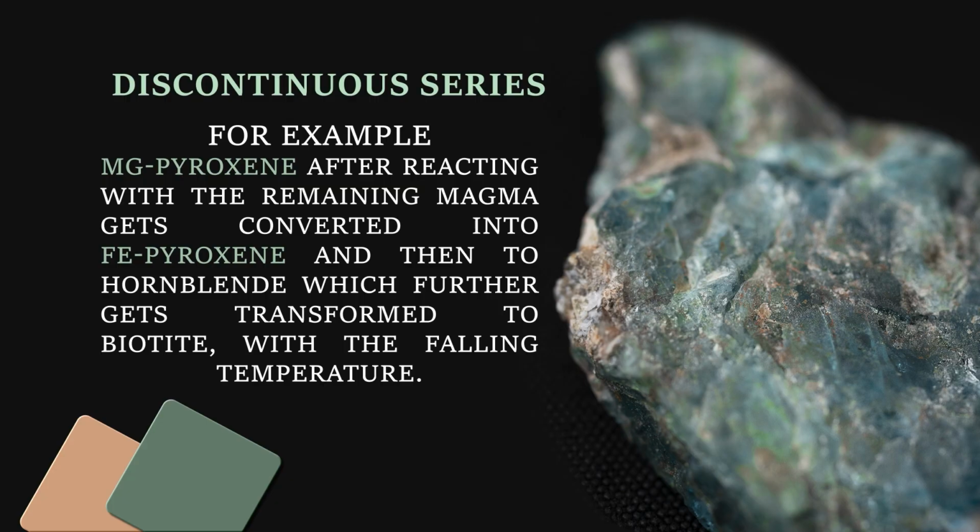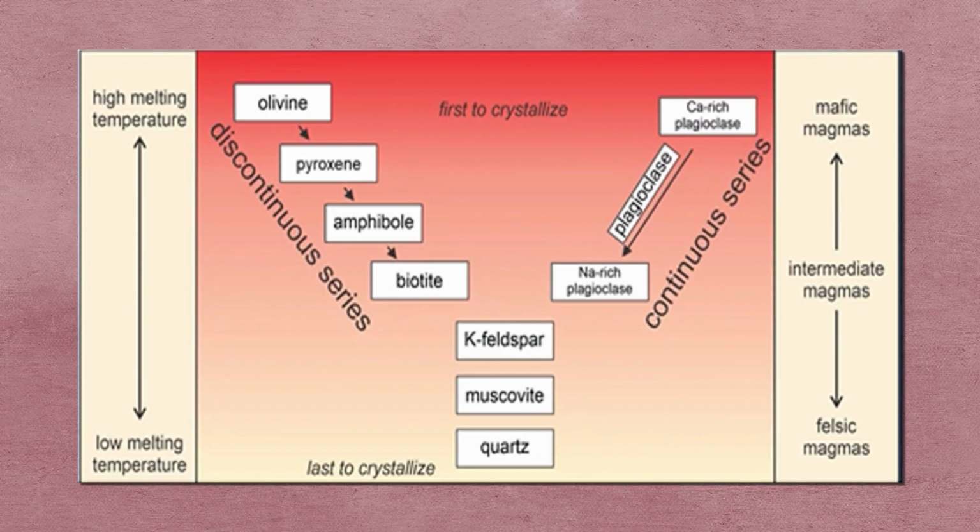For example, Mg pyroxene, after reacting with the remaining magma, is converted to Fe pyroxene and then to hornblende, and then further it gets transformed to biotite with falling temperature. Here again you see what I have explained to you. With falling temperature, you get more felsic composition of magmas.